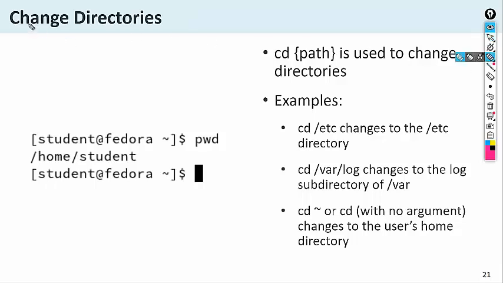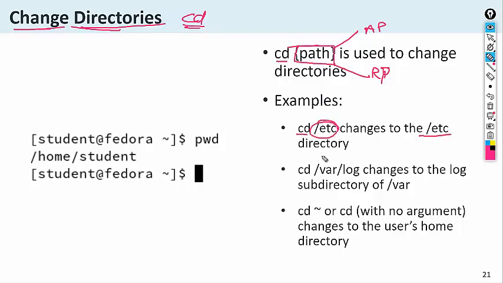Another is changing directory. If you want to change directory, you can use the cd command. cd and then provide the path. The path may be of two types, absolute path or relative path. Both can be used. For example, cd /etc goes inside the etc directory, and cd /var/log goes inside the var log directory. cd tilde takes you to your home directory by default.